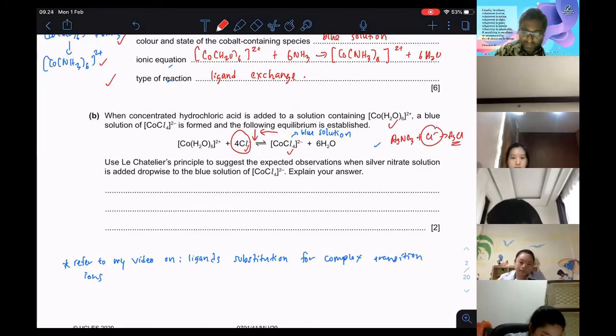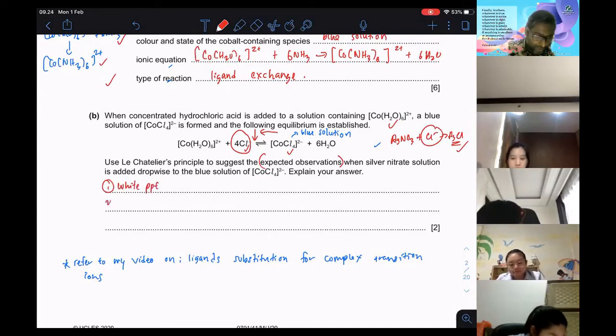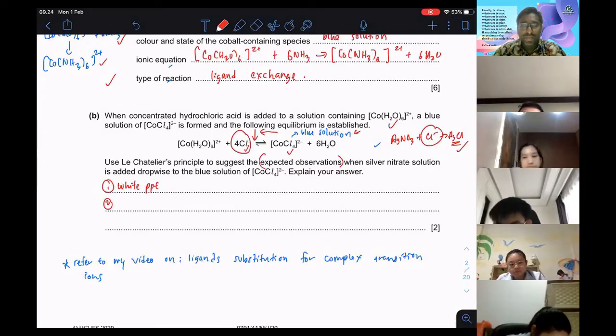So here they say suggest the expected observation. One observation is, because silver chloride is being formed, you can just say a white precipitate is formed. That's going to be the first one. Second, we know this is a blue solution. If the equilibrium moves to the left, the blue solution is not going to be formed.